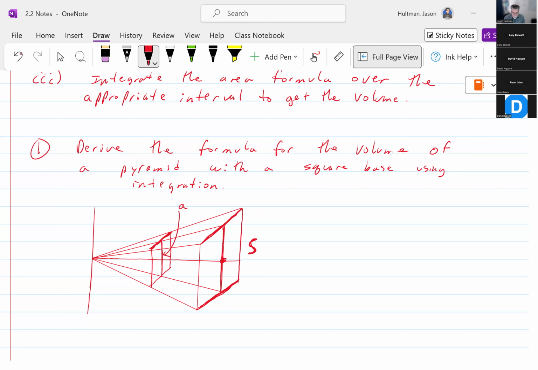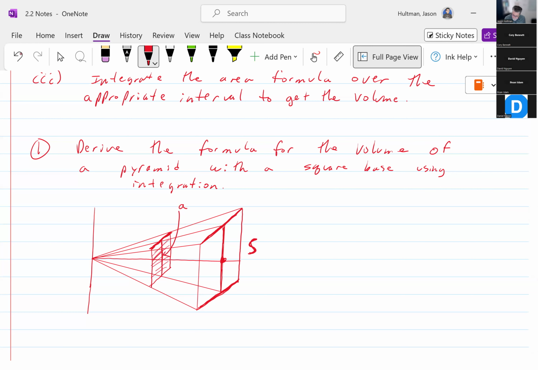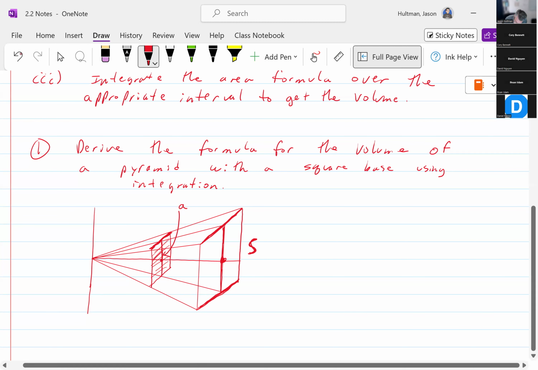This slice here in the middle has side length A, and it's out X units. So from here to here is X units. Okay, so far so good.